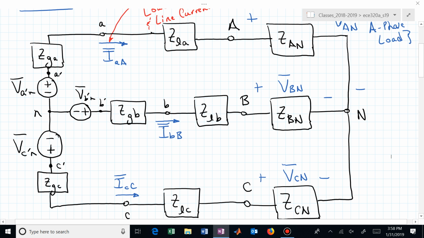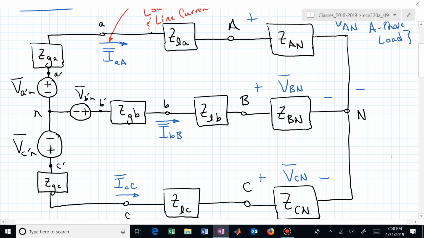The source, we have the generator voltage as a phasor. Then we have its impedance, Z sub GA. Then we have a transmission line impedance, Z sub little l A. And then we have the load impedance, Z sub A, or Z sub AN. And you can see then that we have a neutral connector.